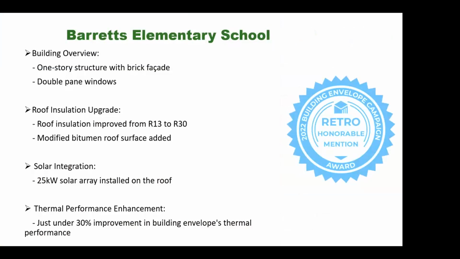Barrett's building received double pane glass windows, and its roof insulation improved from R13 to R30. Additionally, a modified bitumen roof surface was added, and Barrett's also received a 25 kilowatt solar array installed on the roof, and its thermal performance was just under 30%, hence it's only an honorable mention.